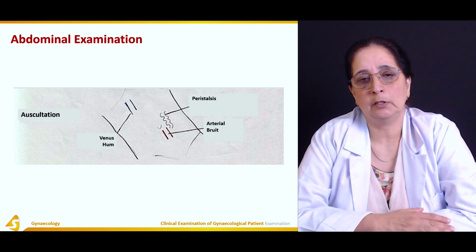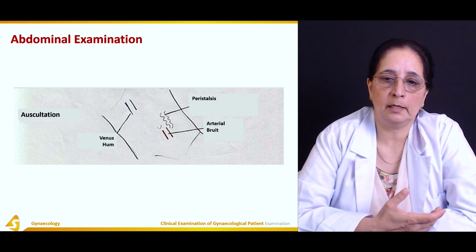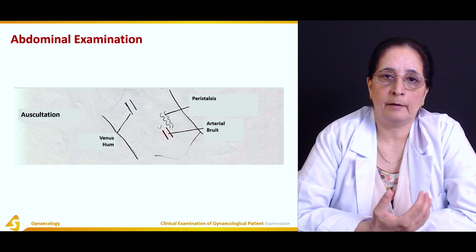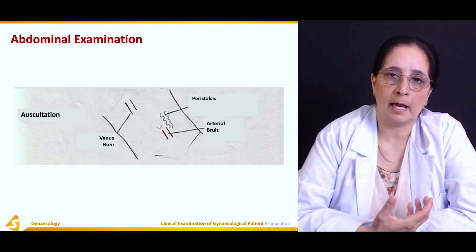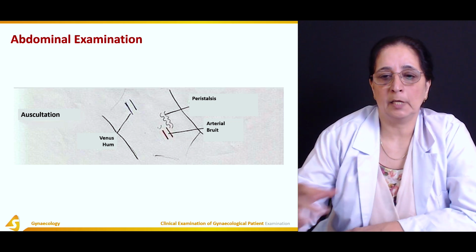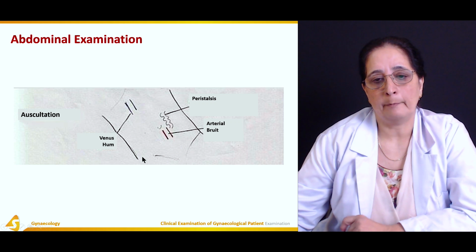You put the stethoscope on the abdomen, and if the peristaltic sounds are there, it means the patient's intestines have started to move, and now they can have something to eat. So that's the very important use of auscultation on the abdomen.